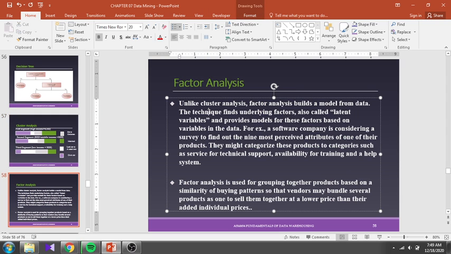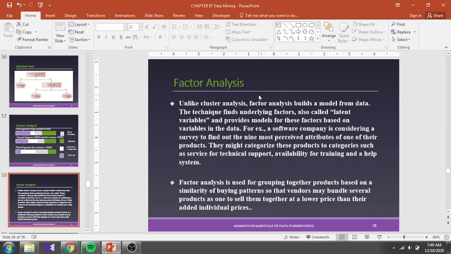Alright, we go to the next one, factor analysis. Unlike cluster analysis, factor analysis builds a model from data. The technique finds underlying factors, also called latent variables, and provides a model for these factors based on the variables in the data. For example, a software company is considering a survey to find out the most perceived attributes of one of their products. They might categorize the product into categories such as service for technical support, availability for training, and a help system.